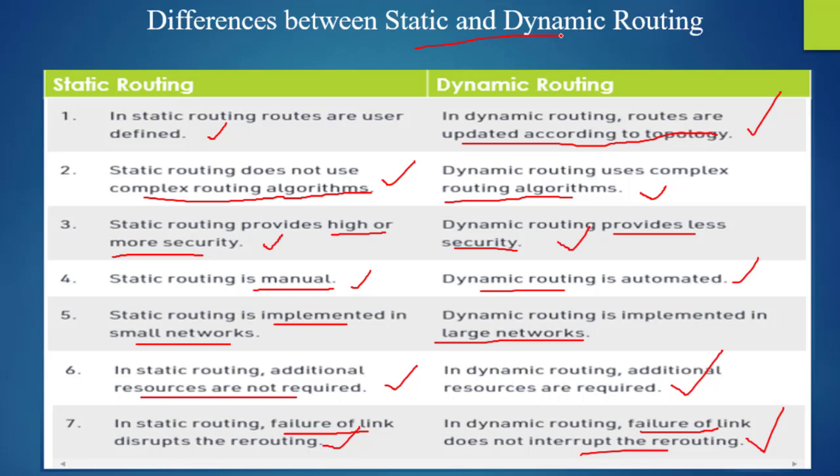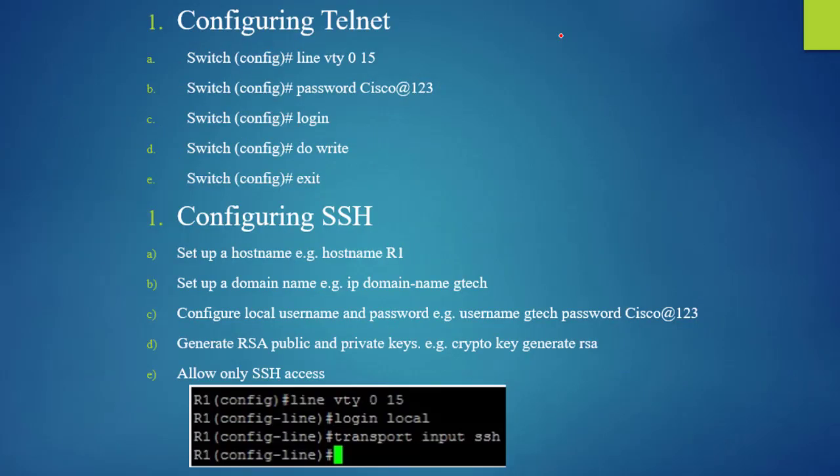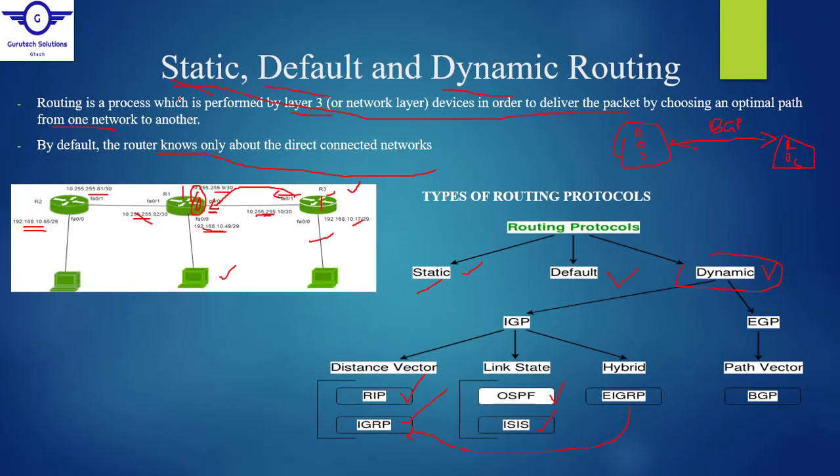Alright guys, so I think that marks the end of today's slides. So let's go for a recap. I hope you understood the process of routing. You know that by default a router only knows its directly connected networks, and you should understand these various routing protocols: static, default, and dynamic.